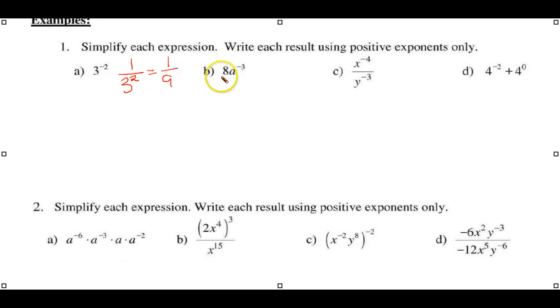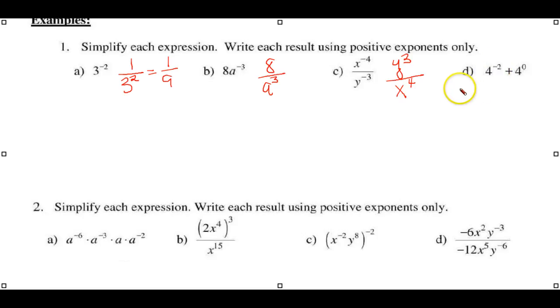Now when you see something like this, keep in mind the base of that negative 3 exponent is only the a. So this would be 8, that stays in the numerator, a to the third in the denominator. Now for something like this, all that would happen is you just reverse the signs. The y goes up as a positive 3, the x goes down as x to the fourth.